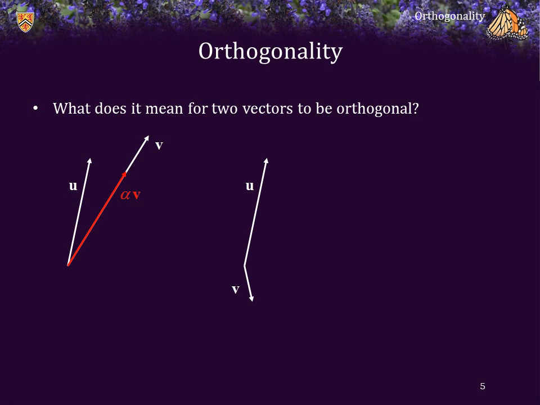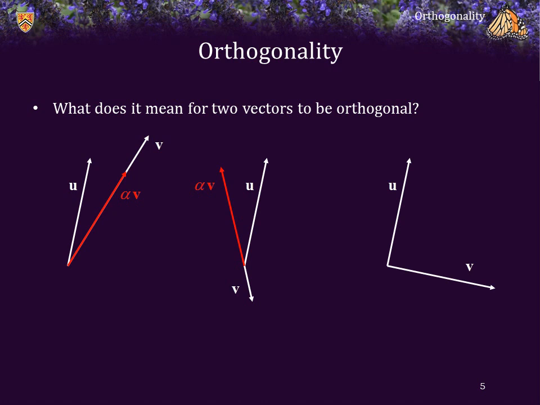Here are two other vectors. However, now the angle between the two vectors is greater than 90 degrees. In this case, we can still approximate u as a scalar multiple of v, but now that particular alpha is going to be negative. But that's okay. It's still not a bad approximation of u.